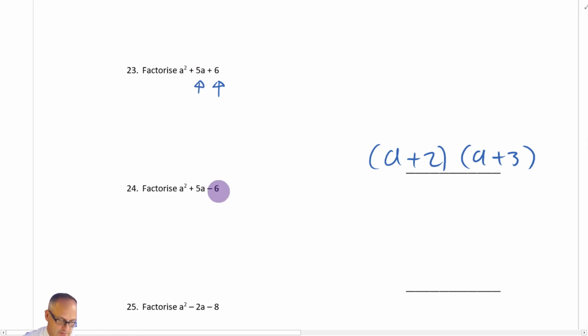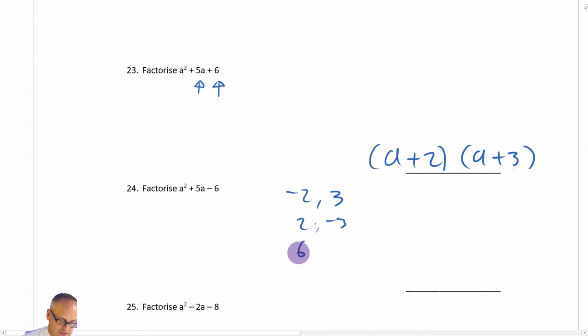So we're looking for 2 numbers that multiply to give me minus 6, but combined to give me 5. Now 2 and 3 won't work, and minus 2 and minus 3 won't work. If I could either have minus 2 and 3, or 2 and minus 3, neither of these are going to combine to give me 5.